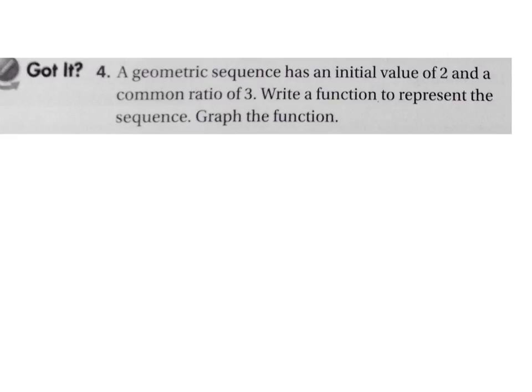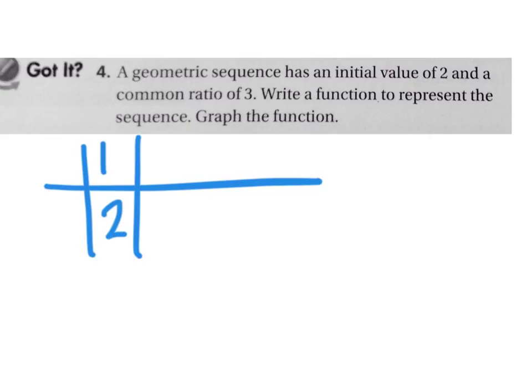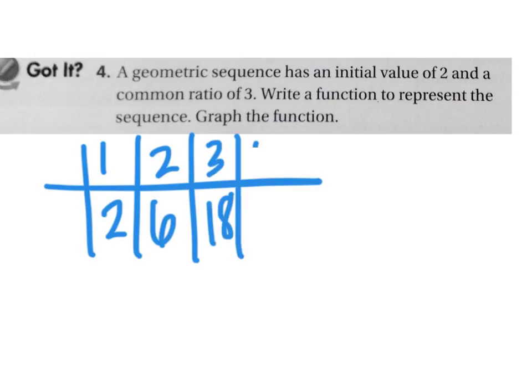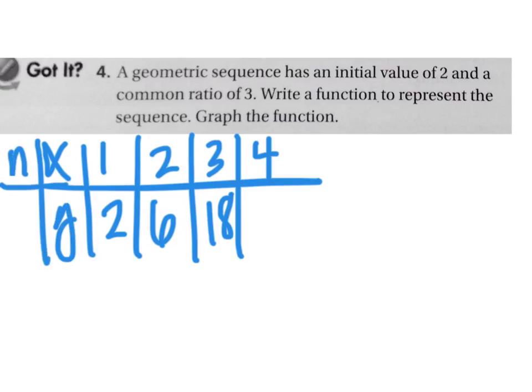Alright, same thing. We have a geometric sequence, so let's make a table with initial value of 2, and a common ratio of 3. So 2 times 3 is 6, and then you keep going. We're going to call this x and y, but remember, it used to be called n and a sub n.